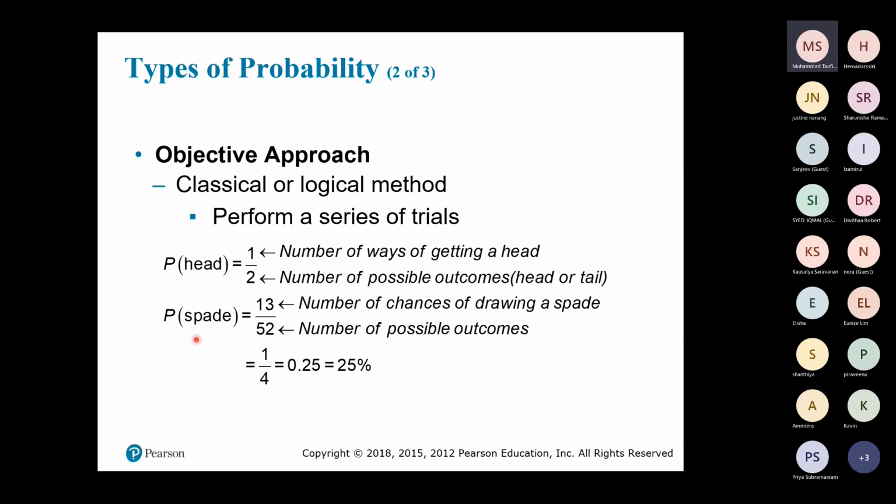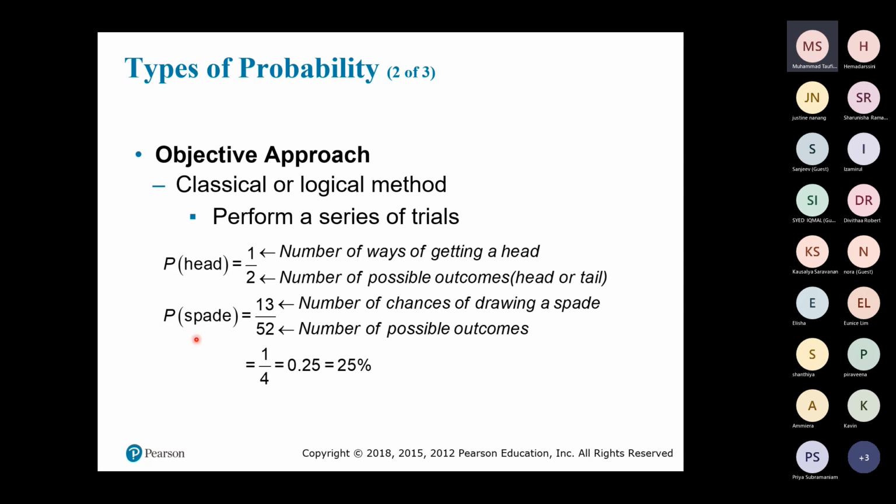And then, how many cards are in the deck? The total number of cards in the deck represents the possible outcomes. In one deck you have 52 cards. So you want 13 cards out of 52 cards.